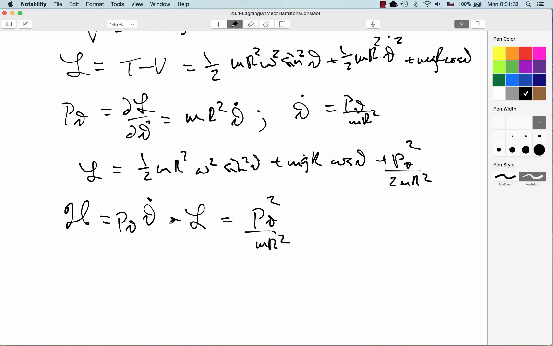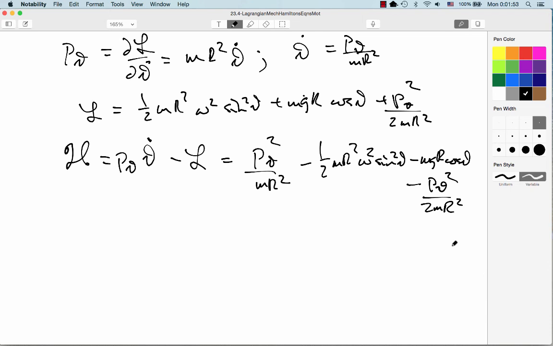Now we subtract the Lagrangian: minus 1/2 m r squared omega squared sine squared theta minus m g r cos theta minus p theta squared over 2 m r squared. All right, so we have a partial cancellation there.